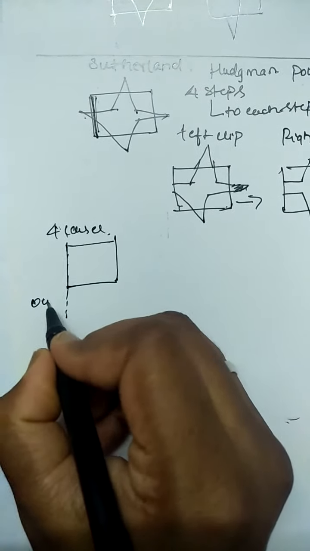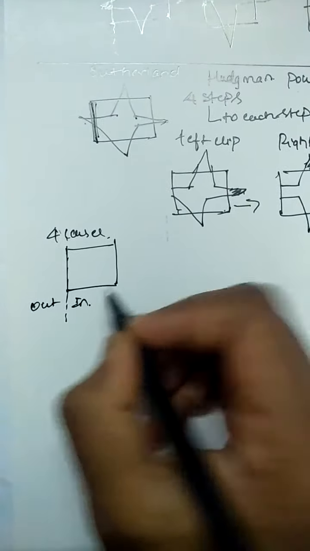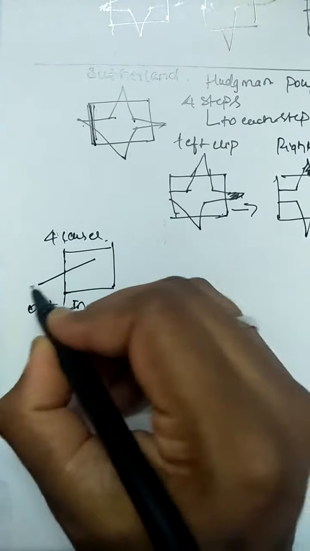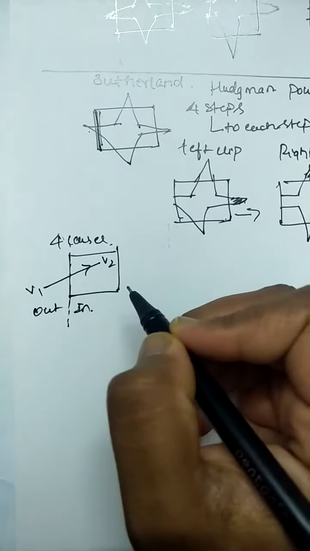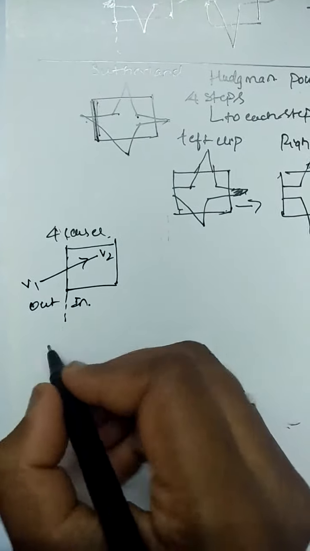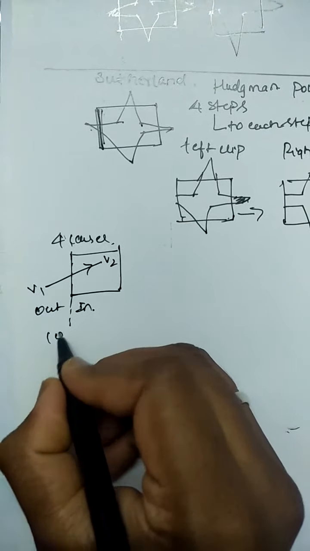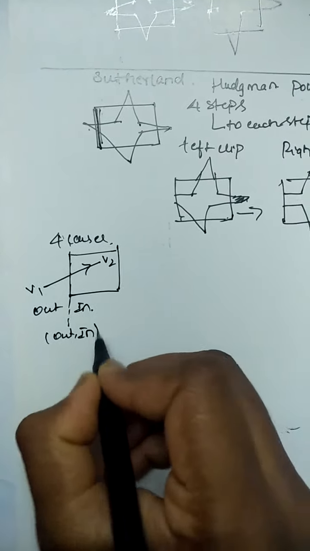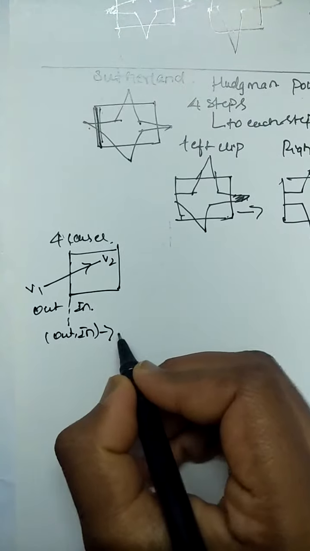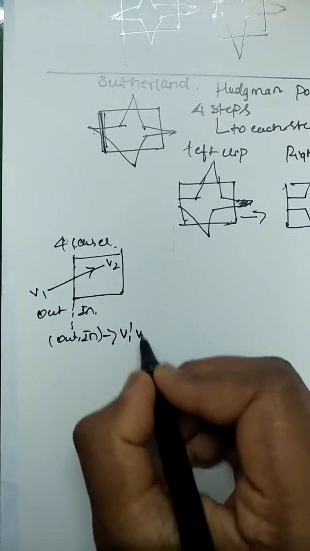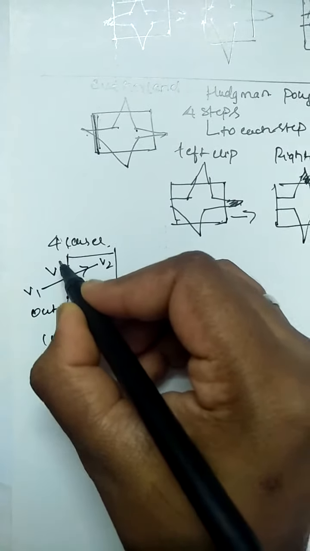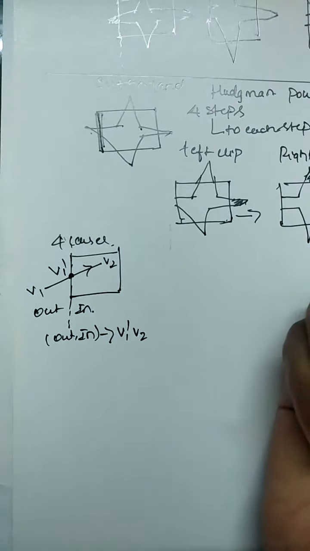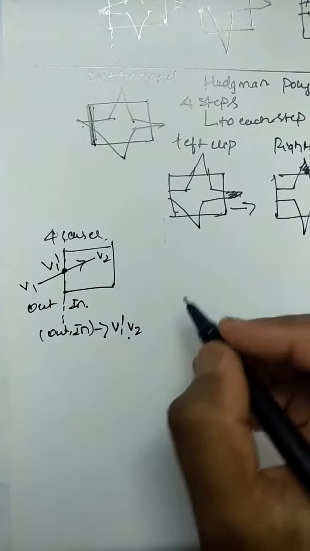So this is the out region and this is the in region. Say there is an edge passing from out to in, V1 to V2 in this direction. In the out to in case, I have to take V1 dash and V2, that is the intersection point V1 dash and V2, as the vertices.